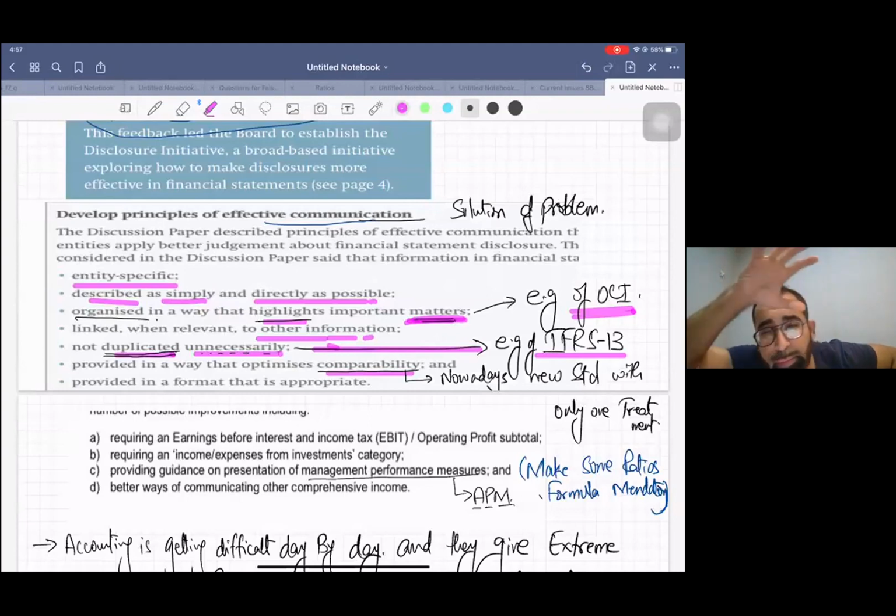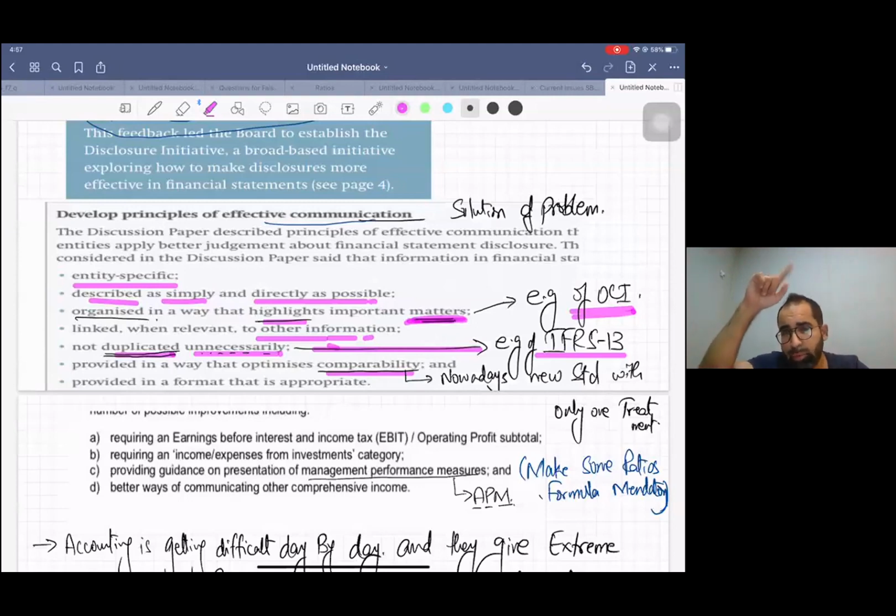So you just think 80-90% treatment of financial instruments is now fair value. So why have they emphasized more on fair value? To promote comparability. So this is also the target of the board. These are some solutions which you need to know.